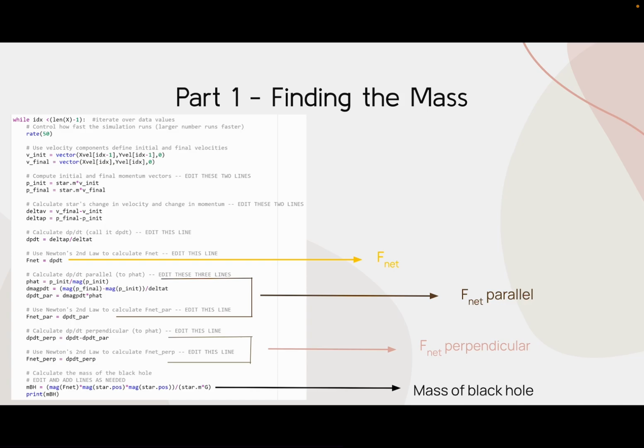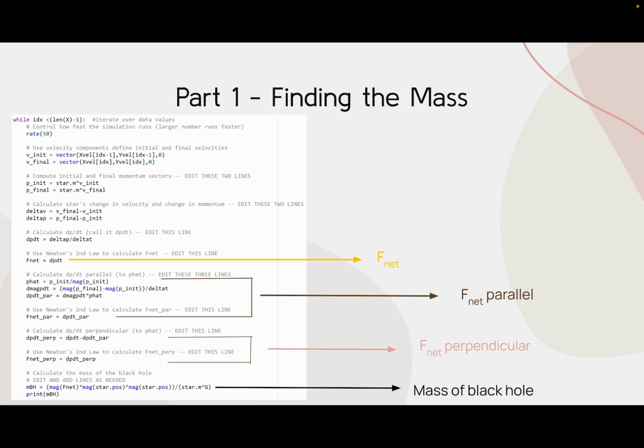We found p hat, which is the direction of F net, then found the change in momentum in the parallel direction and multiplied that by p hat, and so we have F net parallel. We also calculated F net perpendicular, since F net is equal to F net parallel plus F net perpendicular. F net perpendicular is equal to the change in momentum minus the change in momentum in the parallel direction.